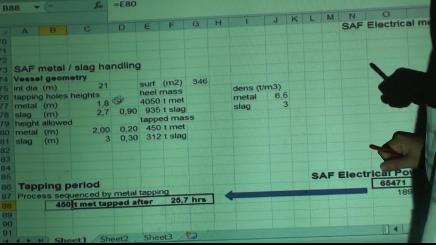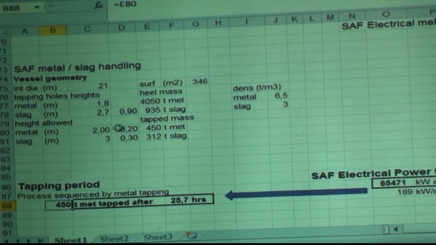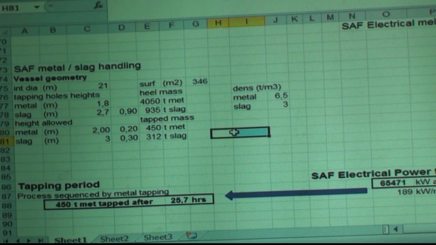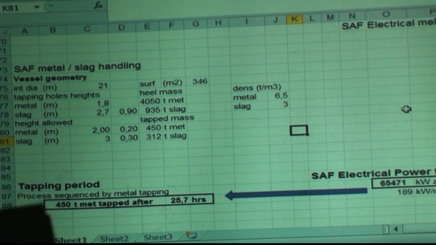You see, also our SF data, the important thing is what height of metal do they tap? This is the height of metal. And this is nothing other than the calculated height times the surface times the density. So, I mean, this is just, if you go there, they will explain it to you.